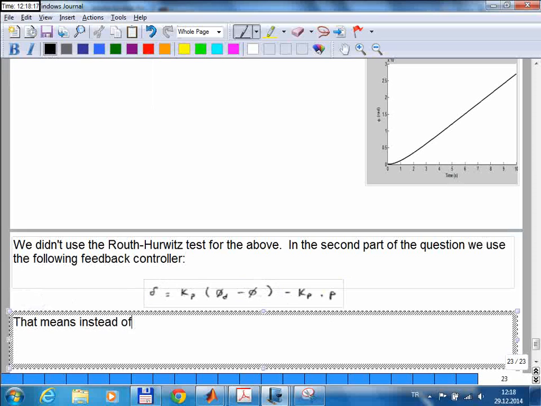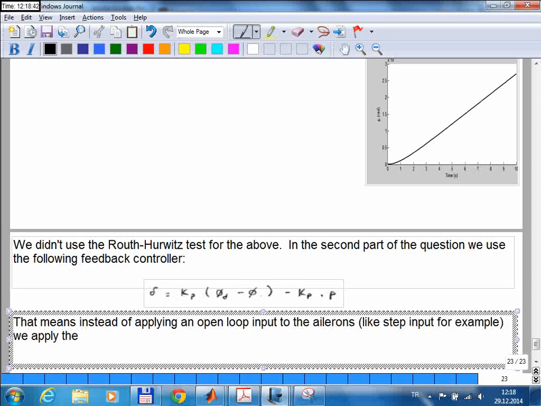That means instead of applying an open loop input to the ailerons, we apply the aileron deflection according to the above equation.